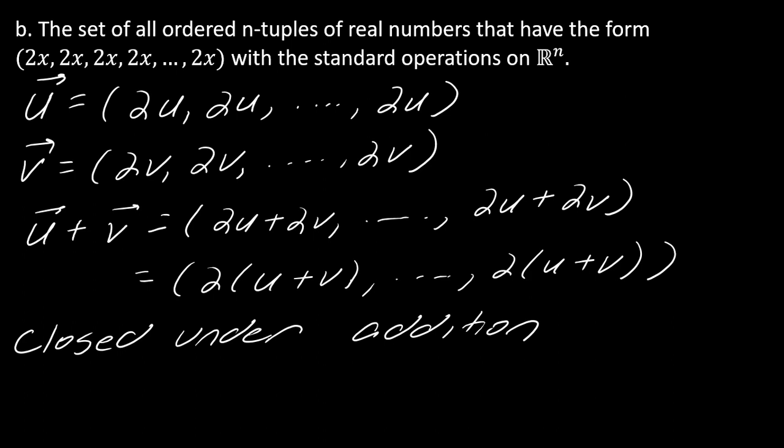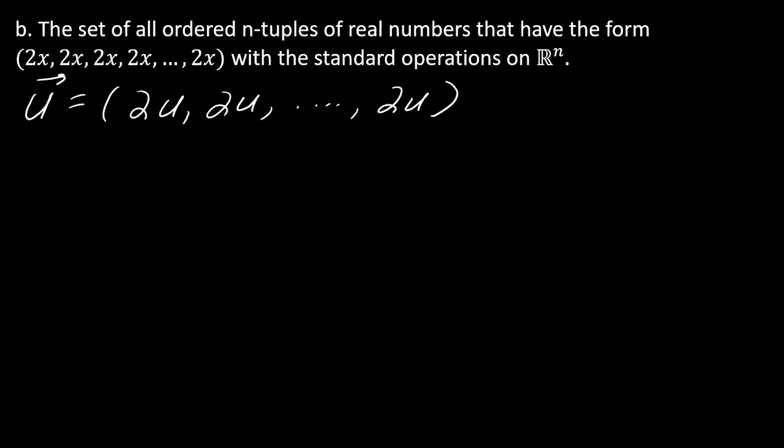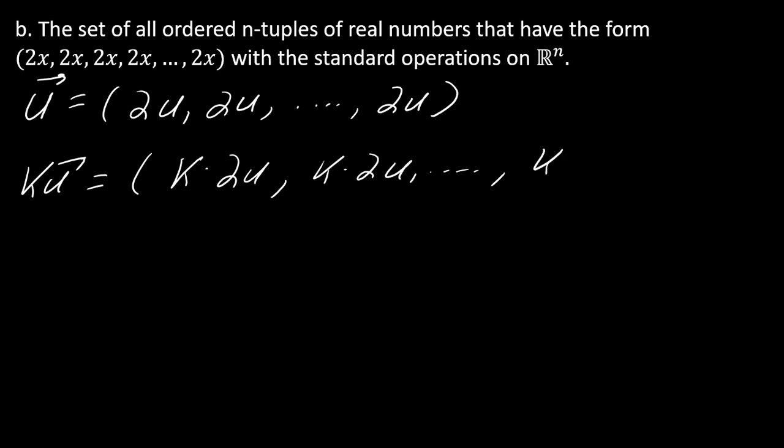Okay, let me make some space. The next thing I'm supposed to do in my general steps is show that it's closed under scalar multiplication. So if I take k times u, this will be k times 2u, k times 2u, so on and so forth.